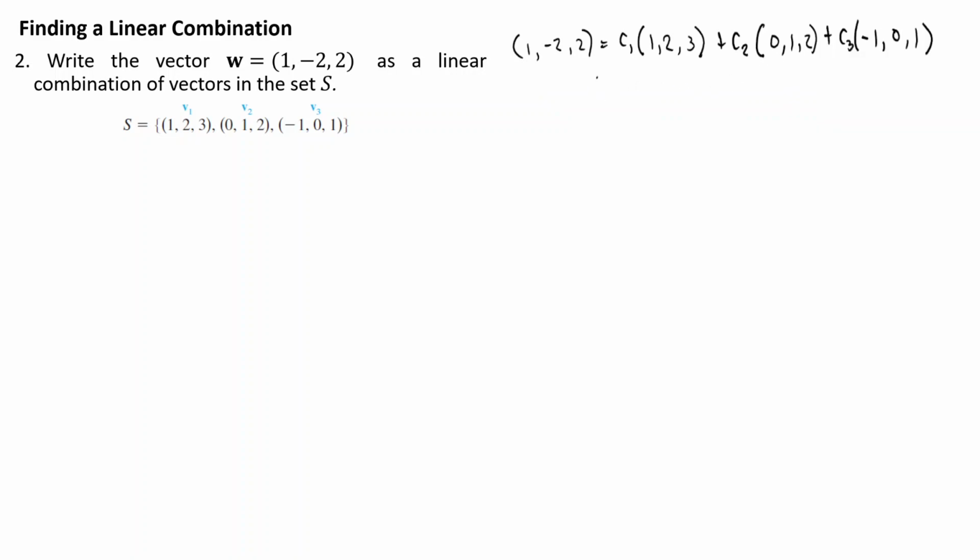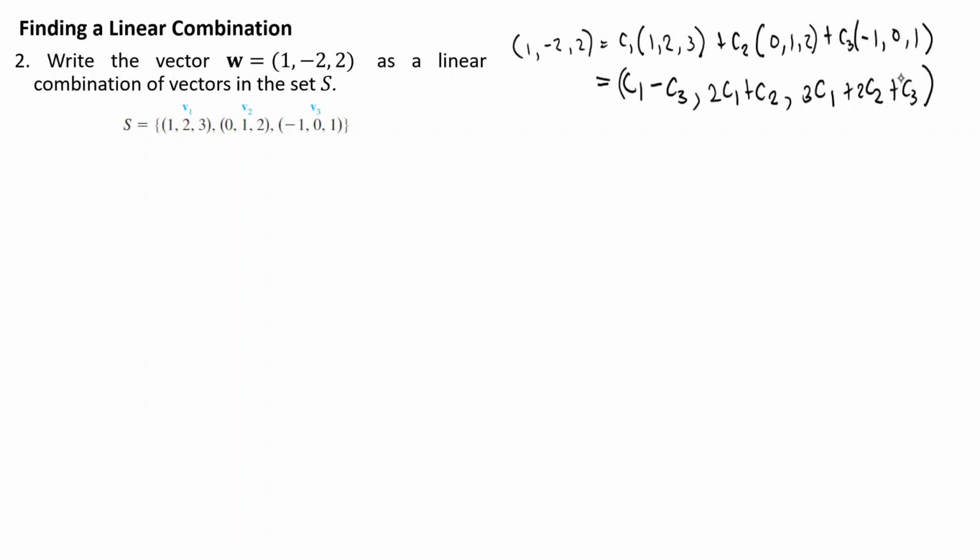Okay, so this is equal to, we add the first components here. So we have c sub 1, we have 0 c sub 2, so we have minus c sub 3, and then we have 2 c sub 1 plus c sub 2, and then we have 0 c sub 3. We have c sub 1 times 3, so we have 3 c sub 1, and then 2 c sub 2, and then plus c sub 3.